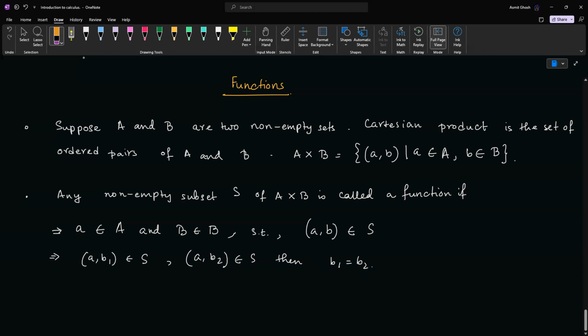We also say that then S is called a map or mapping. Okay.